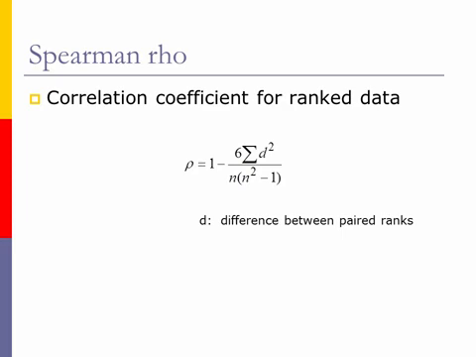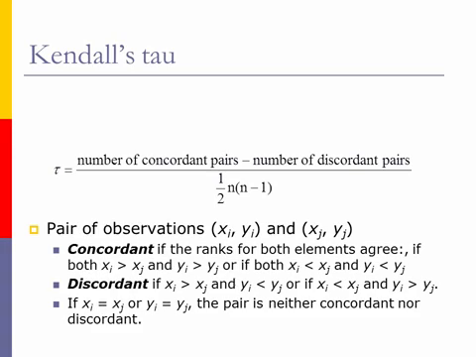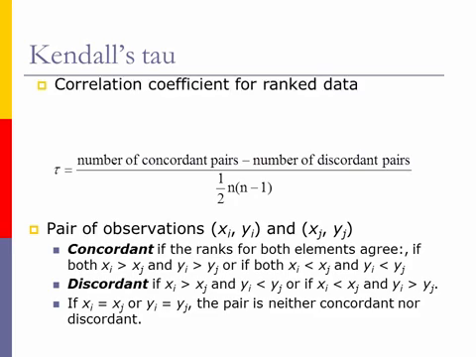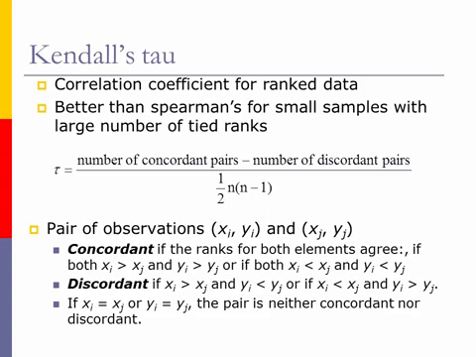The Spearman's rho. The Pearson correlation can only be used for interval data. If you do not have interval data and you have ranked data, you can use either the Spearman's rho or Kendall's tau. Kendall's tau is a little bit different, again for ranked data, but it's much better than Spearman's rho if you have really small samples.